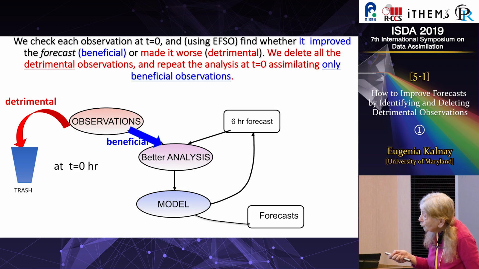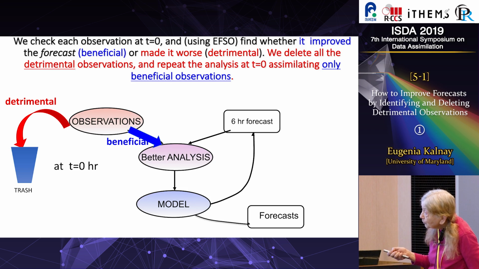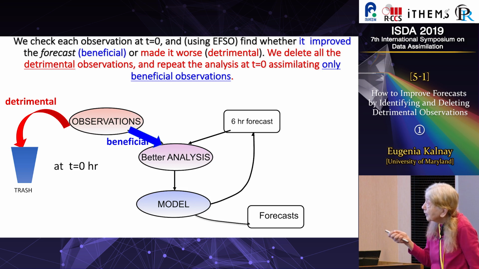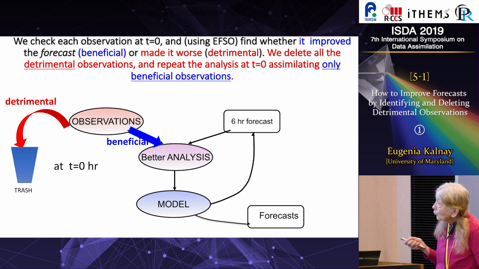Introducing a beneficial observation improves the analysis and the model, and this is proven by the fact that the 6-hour forecast is better, or it makes it worse. If it makes the forecast worse, we consider those detrimental observations, and we are not going to use them in general. So we delete all the detrimental observations and repeat the analysis at t equal to 0, assimilating only the beneficial observations.